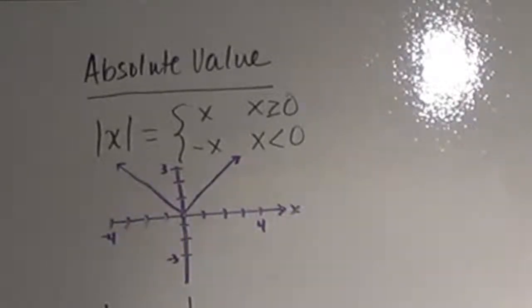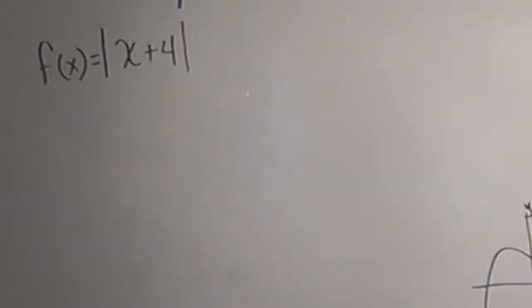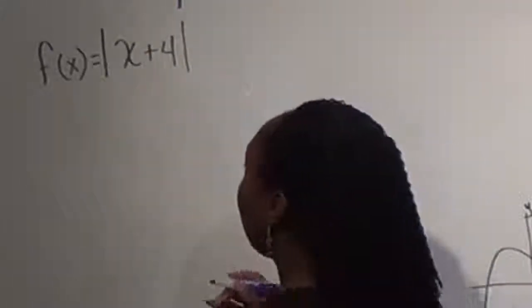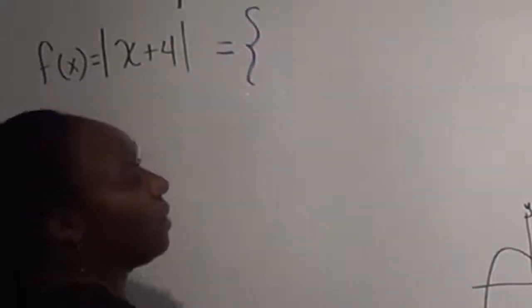If I look at, for example, f of x equaling the absolute value of x plus 4, then again, I can think of this as a piecewise function.